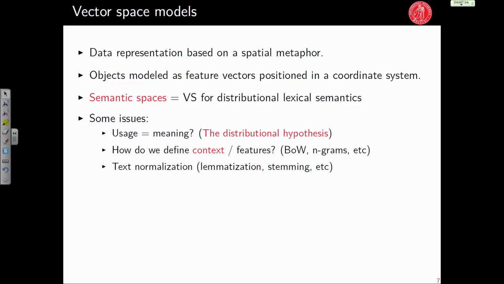We briefly also looked at the effect of text normalization. So in addition to tokenization and downcasing and stripping away punctuation and removing stop words, etc., we also discussed lemmatization and stemming and how they can affect the performance of the model in terms of getting a more sensible representation, but also in reducing the size of the vocabulary.